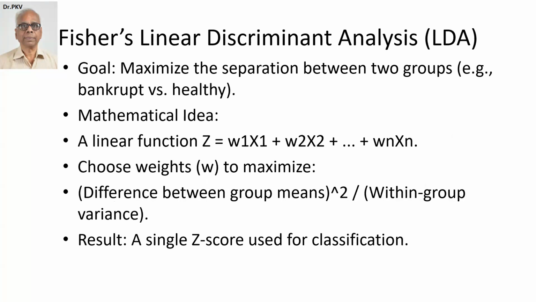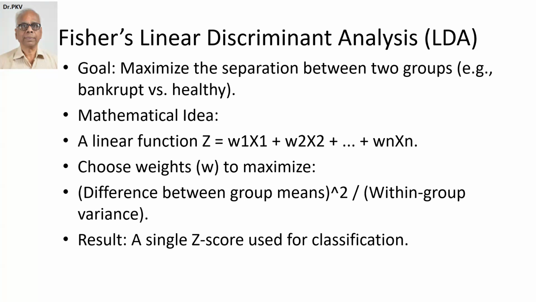And in essence, what is Fisher's linear discriminant analysis? We had already discussed the concepts in an earlier video. It is good to recapitulate. Maximize the separation between two groups, for example, bankrupt versus healthy. The mathematical idea: a linear function Z is equal to W1x1 plus W2x2, etc., plus Wn(xn), where x1, x2, etc. xn are the predictor variables, the W's are the weights, and Z is the score.